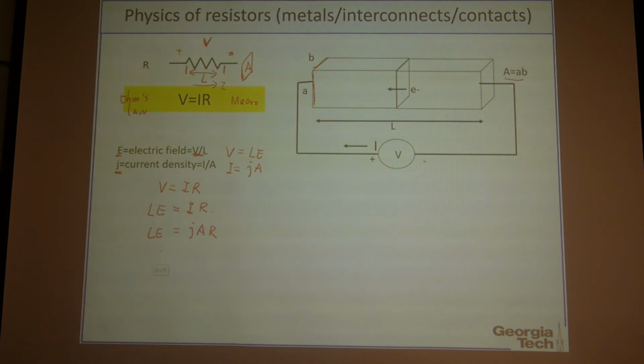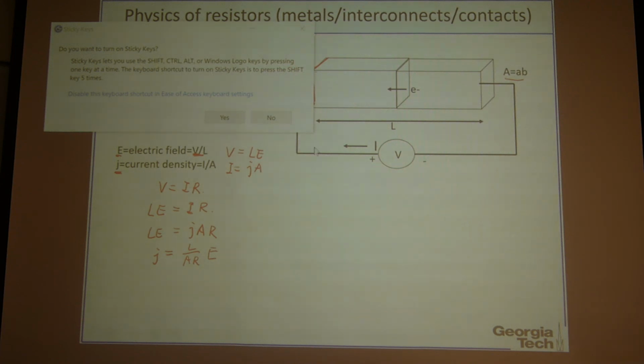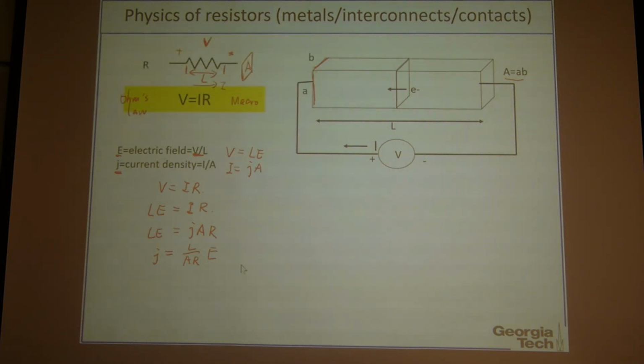Then you can get J by moving AR to the other side: J equals L divided by ARE. And then we define this as sigma. So J equals sigma E. Some derivation from those equations. This sigma is called conductivity. Sigma is L over A R.